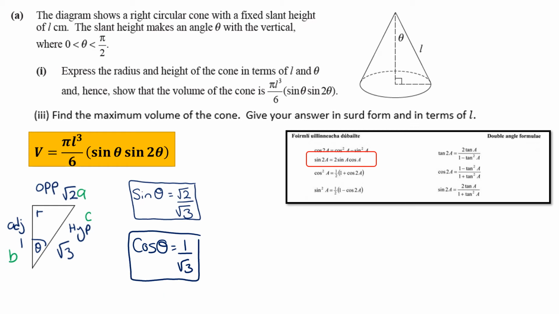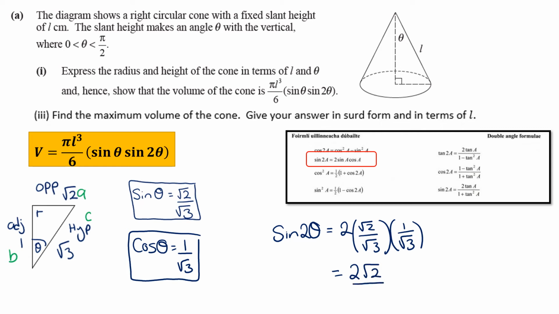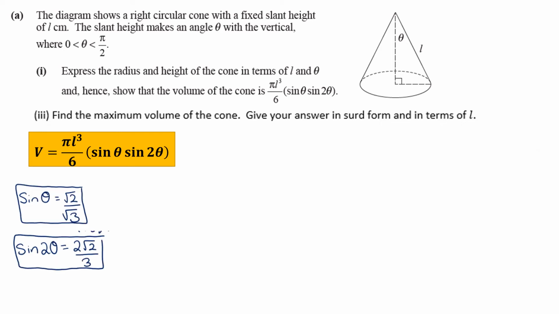So therefore I can work out sine 2 theta, which is 2 sine theta, which is root 2 over root 3, times cos theta, 1 over root 3, and that gives me 2 root 2 over 3 for my sine 2 theta. And now I can take my sine theta and my sine 2 theta and sub it into my volume formula. So my volume is equal to pi L cubed over 6.